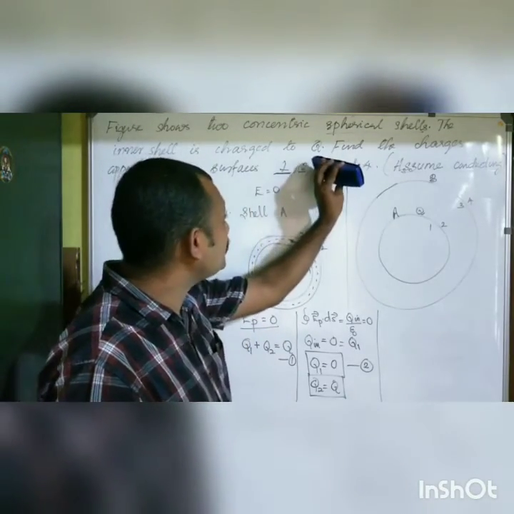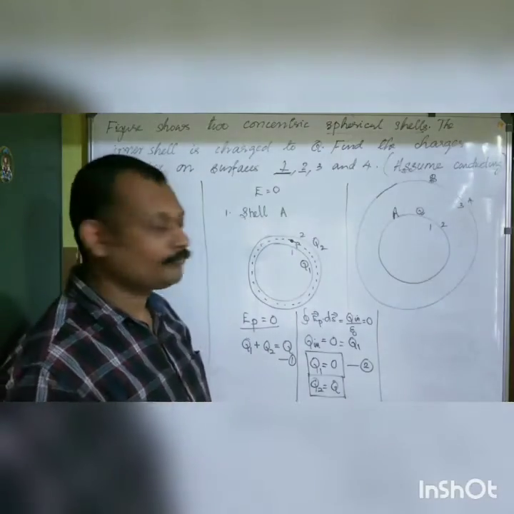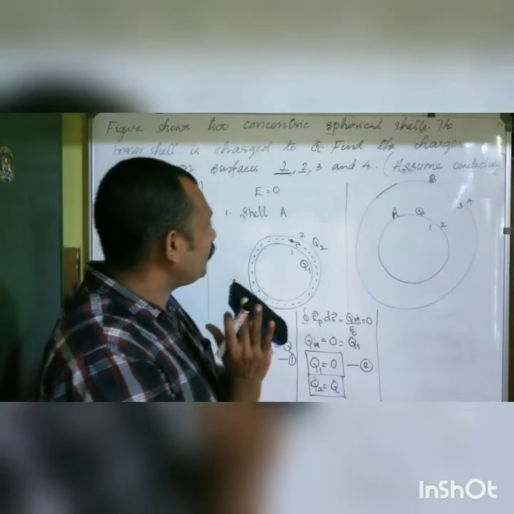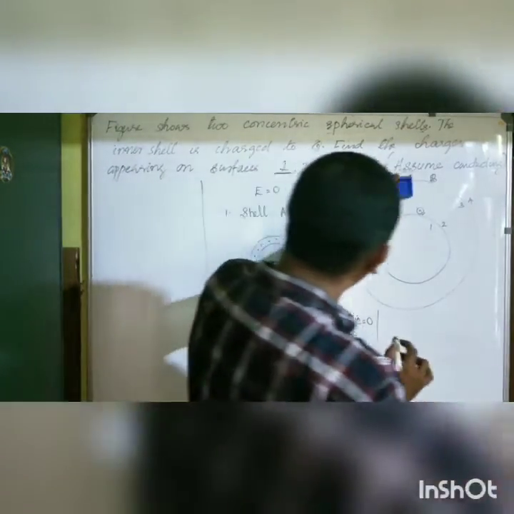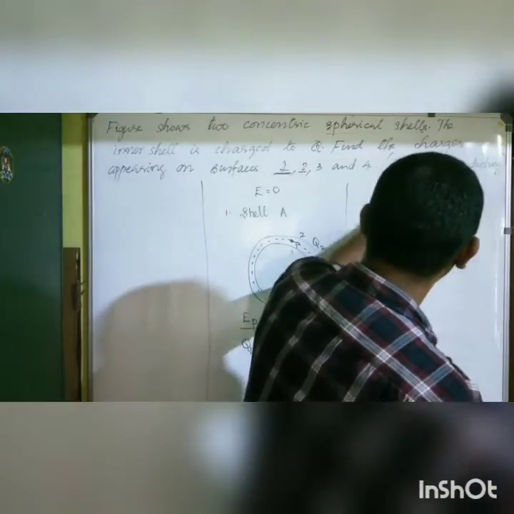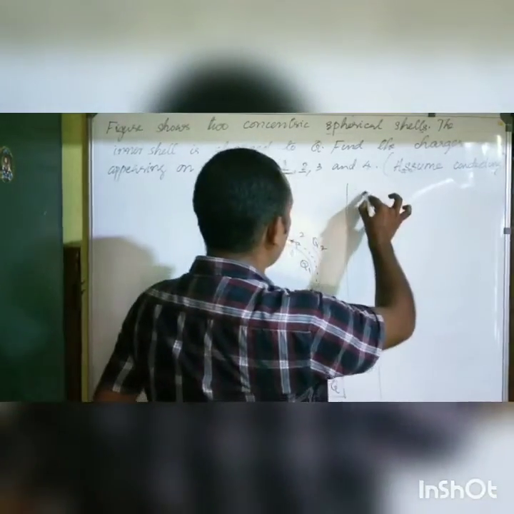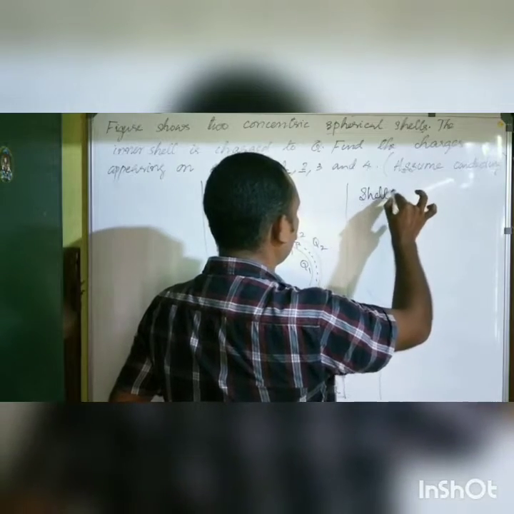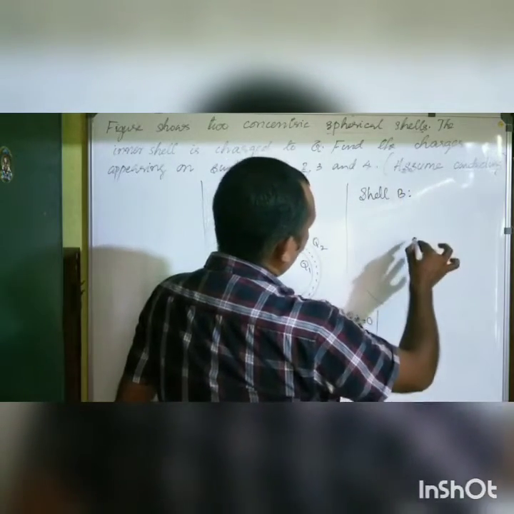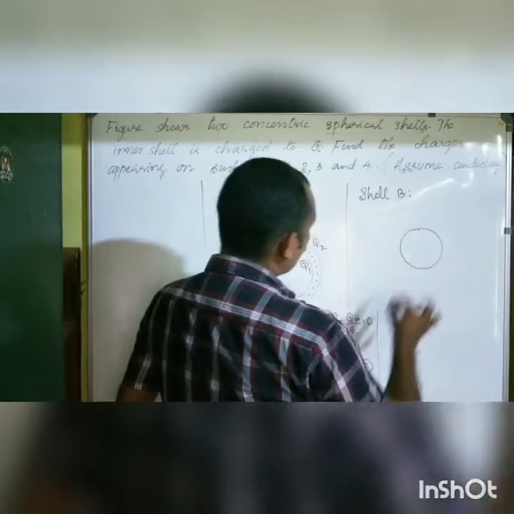On the surfaces 3 and 4. Just like I considered here, I'm just removing this figure. And I would say this is shell B. I will construct shell A also.